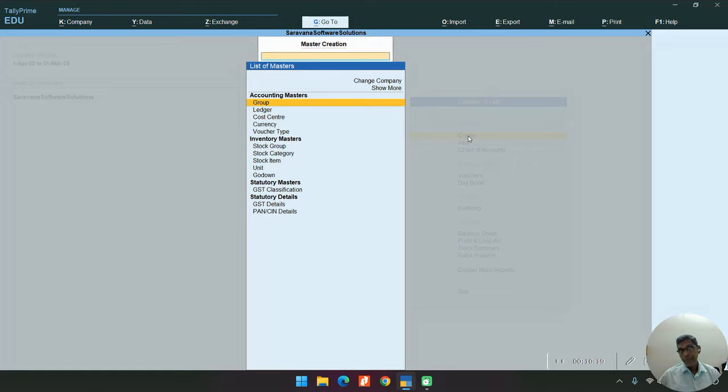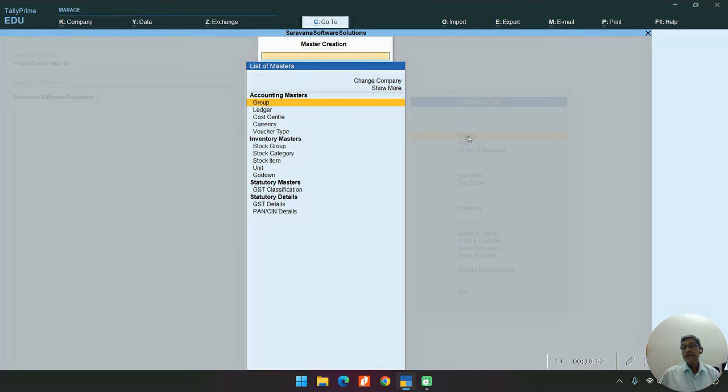Then currency. As we are all familiar, Tally supports multi-currency. According to the installation country, the system automatically fetches which currency you are going to use. If you want, you can create your own currency other than the predefined one. It is possible.